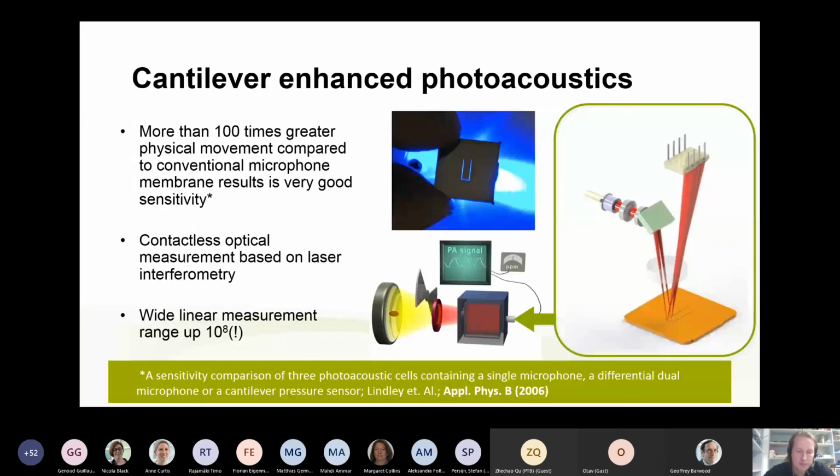So now on to what Gasera has been doing for some time already, cantilever enhanced photoacoustics. So maybe it's good to remind that we're still talking about photoacoustics. It's just that we're doing it in a slightly different way, namely using a micro-machined saloon door microphone and an optical readout system to measure the position of the saloon door, or the cantilever.